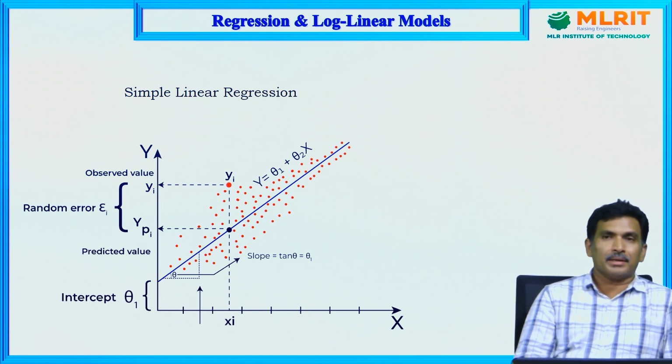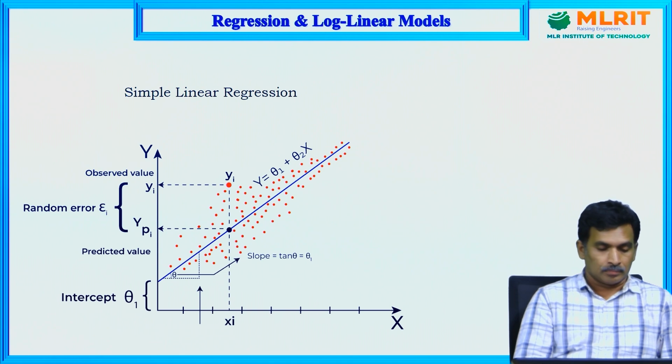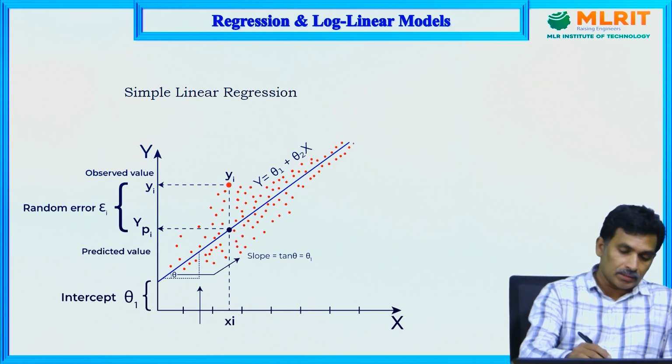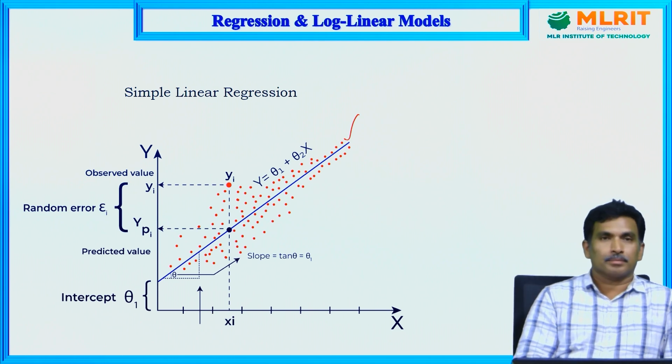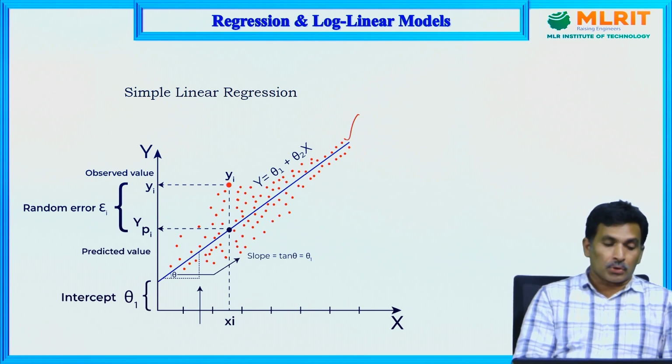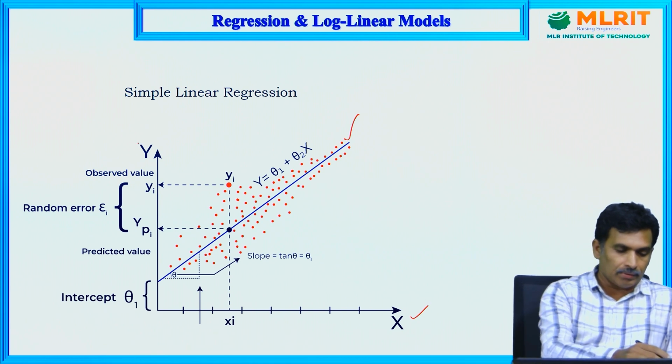Simple linear regression is mainly used to identify the correlation, a straight line which exactly approximates the correlation between X and Y.